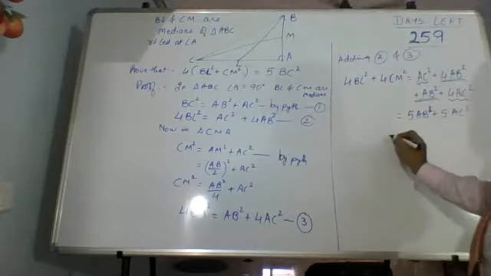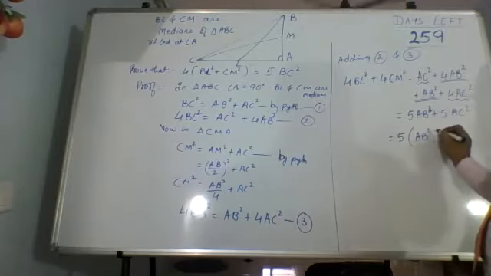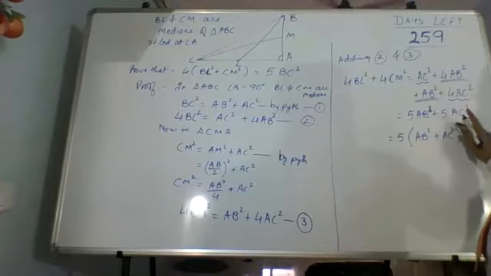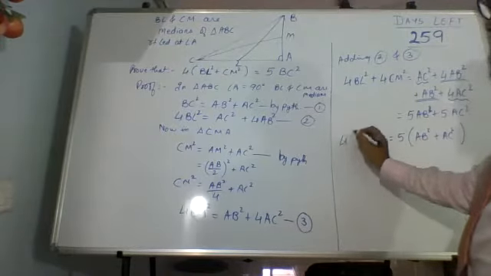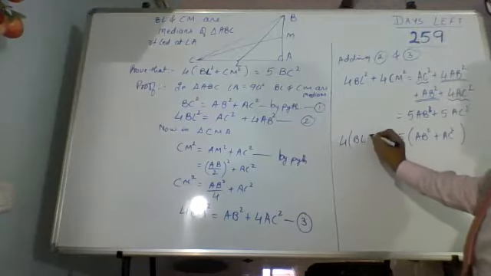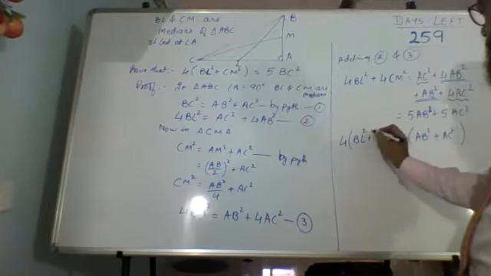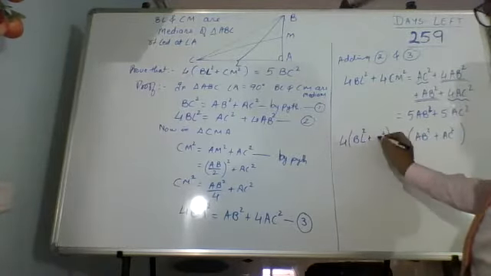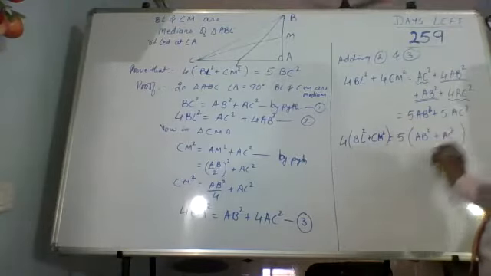From this, I can say it equals 5 into bracket AB square plus AC square. Taking 4 out, 4 into bracket BL square plus CM square is 5 times this.